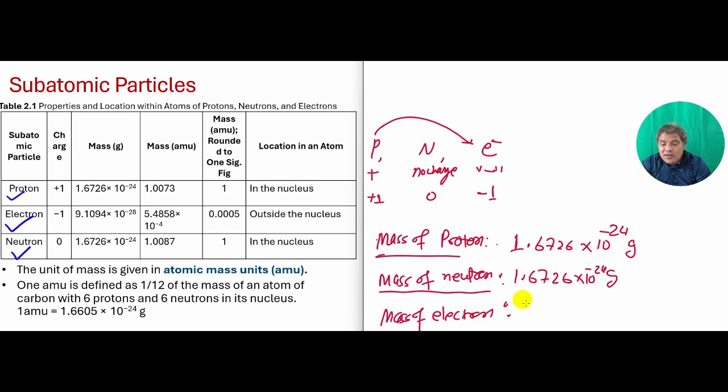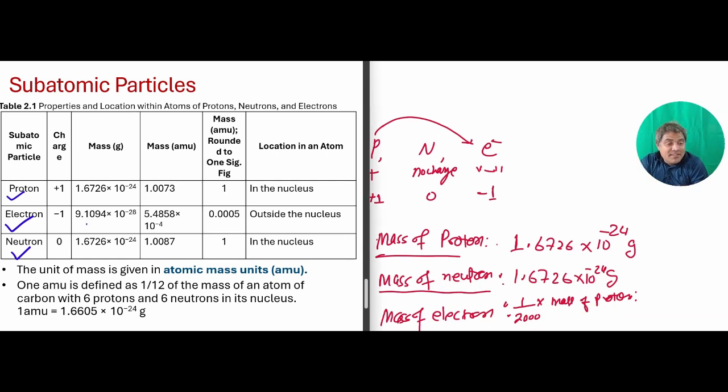It is 1 by 2000, actually 1800 something, but let's say 2000 times lighter than the mass of proton. And that number is this, 9.1094 times 10 to the minus 28 gram. Look at that, how small it is, right?